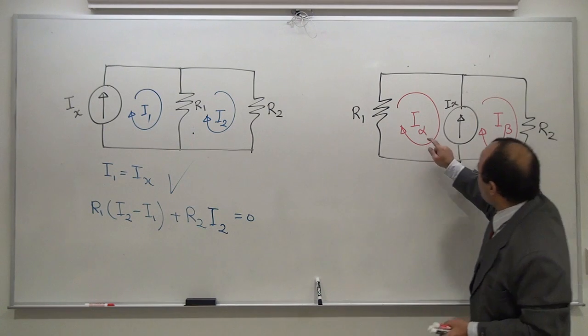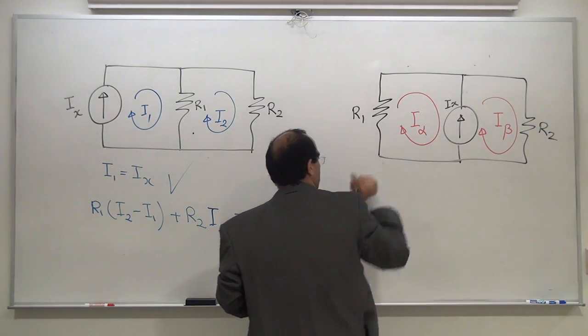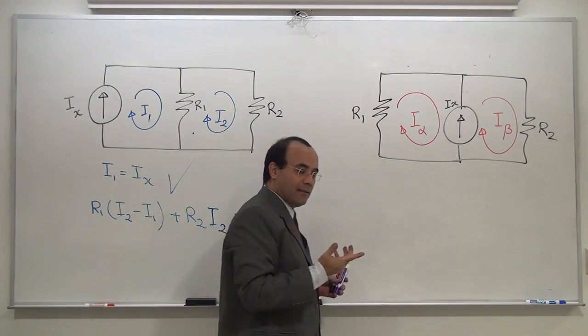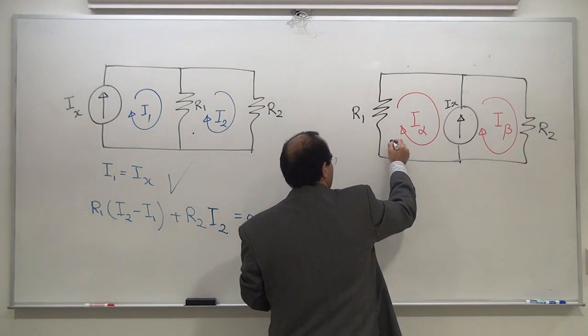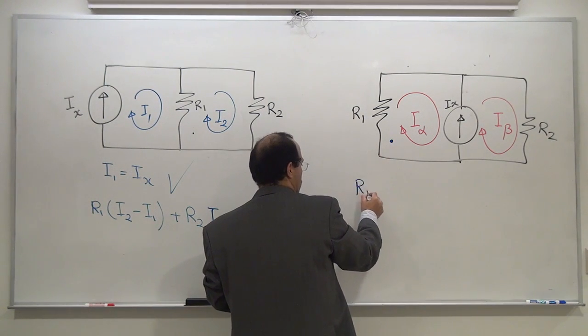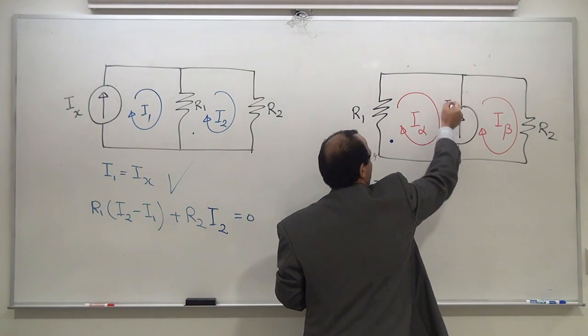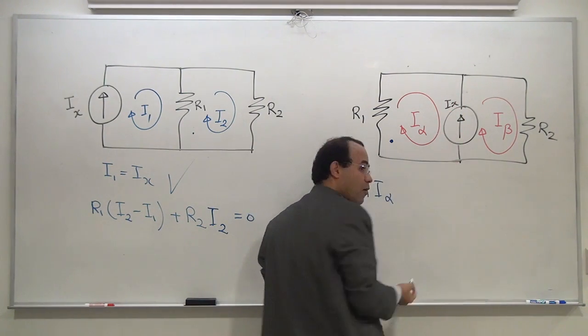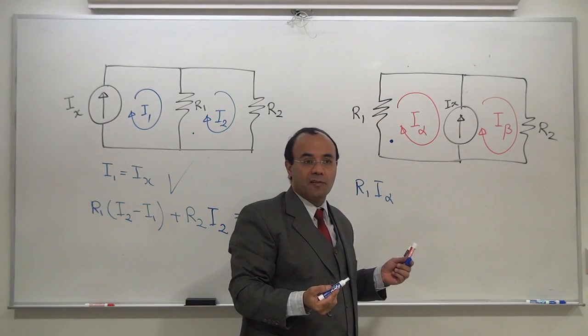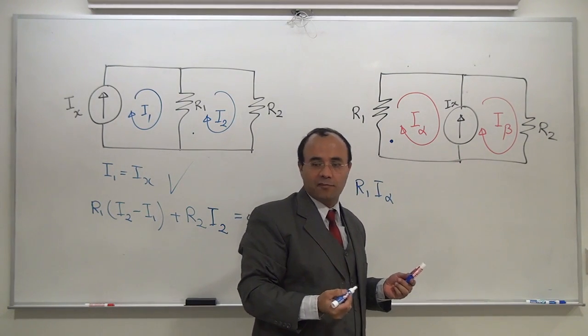You see, if I wanted to write KVL for this loop, what can I say? Let's start from this end, the happy node. Then I come in, what do I see? Plus minus? Minus plus? I don't know, because that's a current source, and a current source can have any voltage across it.